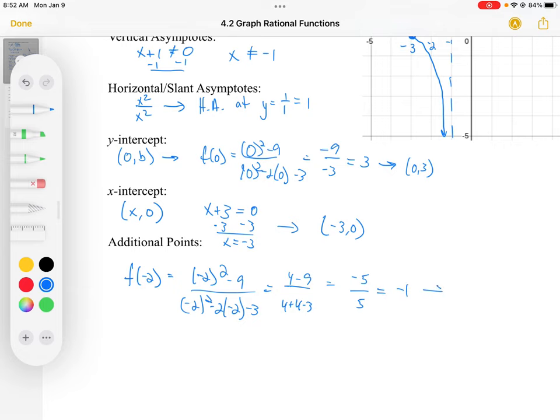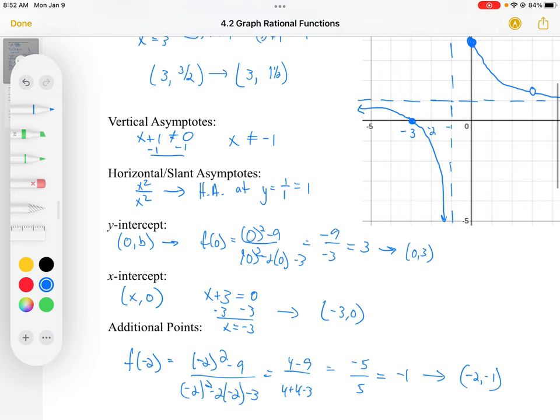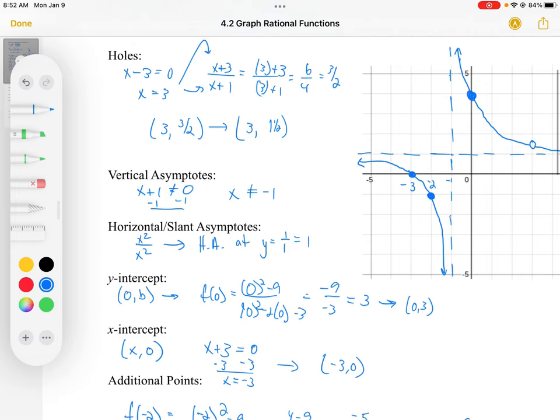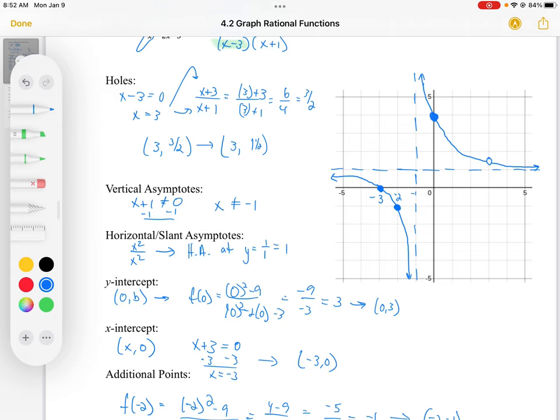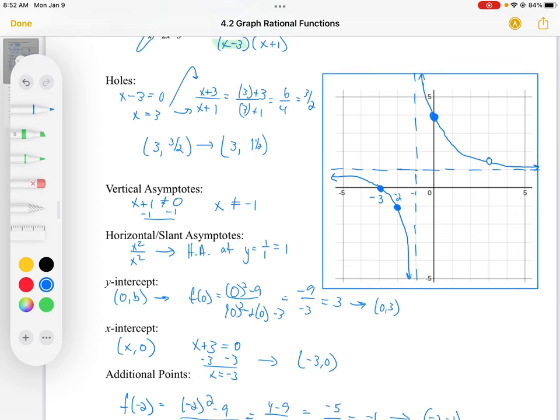So we get the point (-2, -1). If we graph (-2, -1), you can see right where this falls. So that indicates that my original graph that I drew is correct. And here we have our graph of a rational function, including holes, vertical asymptotes, horizontal asymptotes, the y-intercept, the x-intercept, and an additional point to check our intuition.